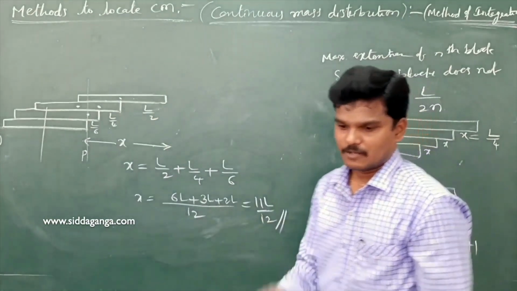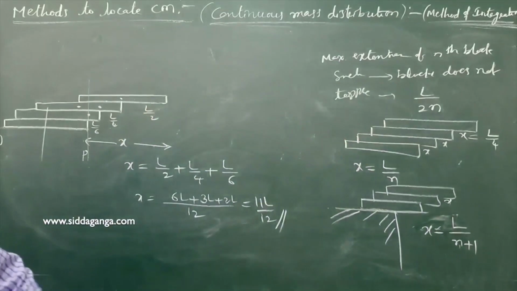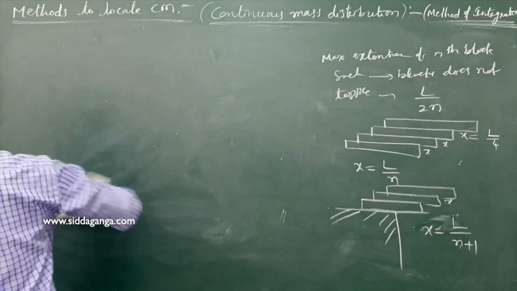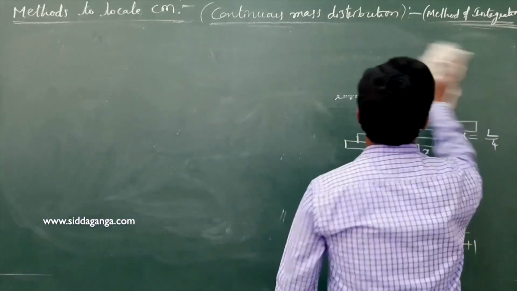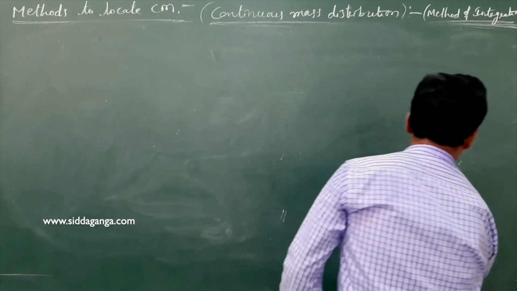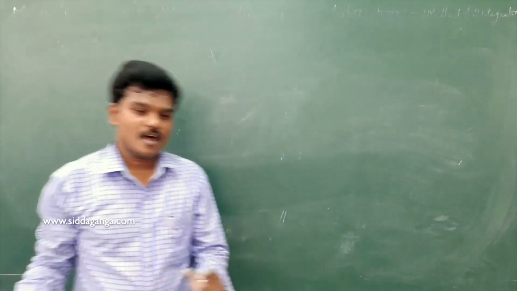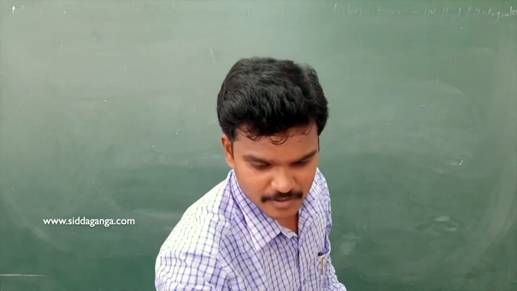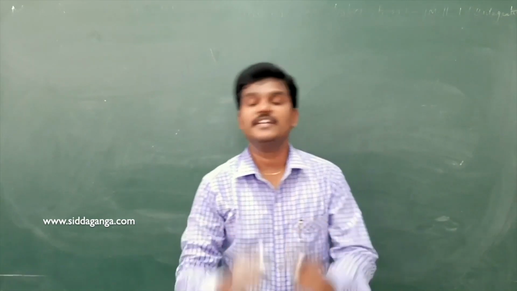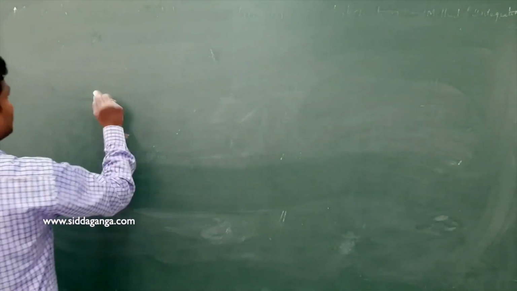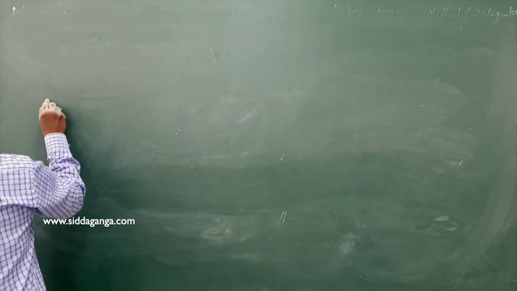Okay, now see the next one, one more good question. They give 7 homogeneous blocks placed one over the other such that they do not topple, and each one extends by L by 10. See, they give the diagram like this. So 7 homogeneous blocks. Let me draw the diagram first.